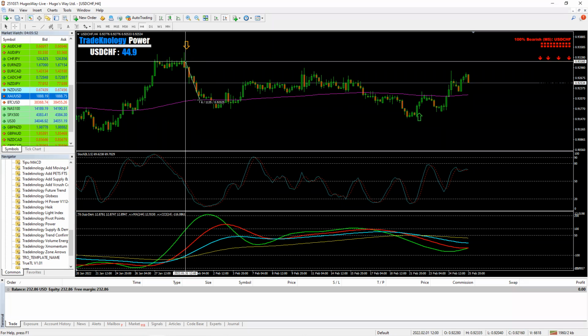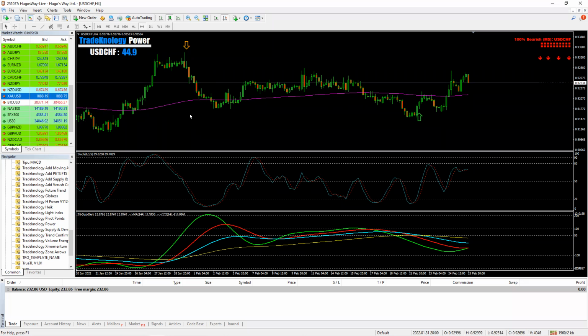You're picking up an immediate 112 pips. Or you can go ahead and wait for the blue and the green to cross, which happens over here. All right. And then go ahead and get into a sale from there. Okay. Until the price reaches at least 100 pips.